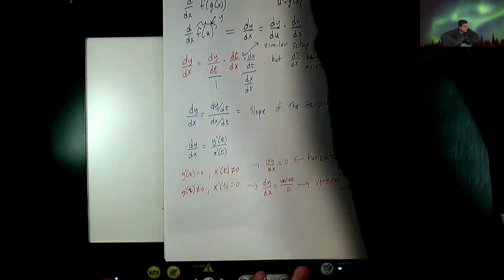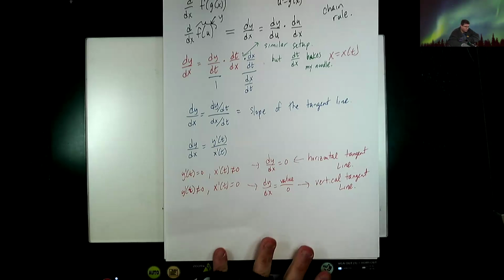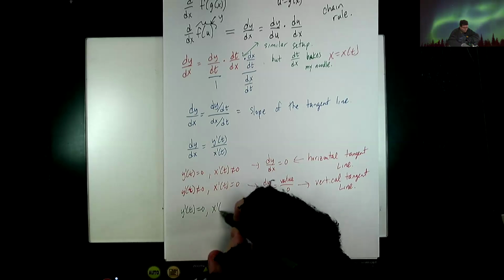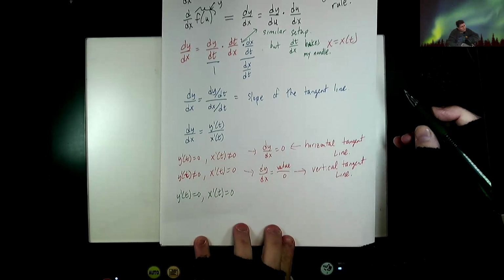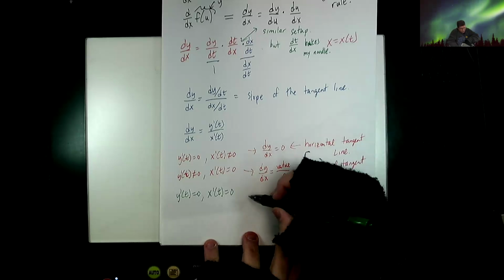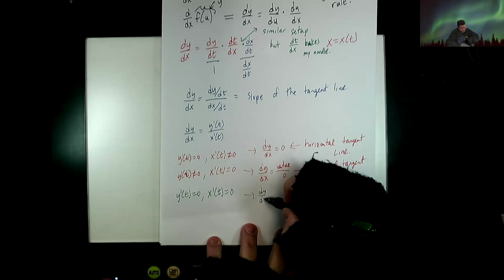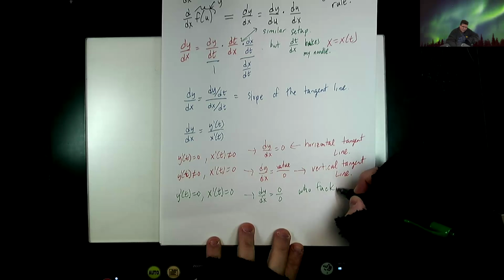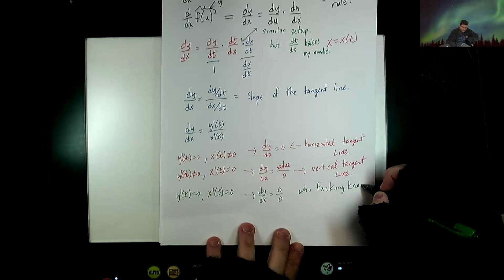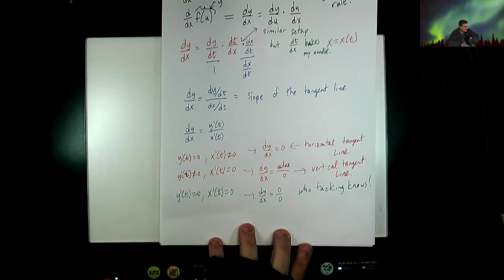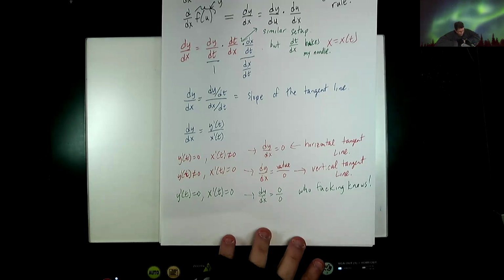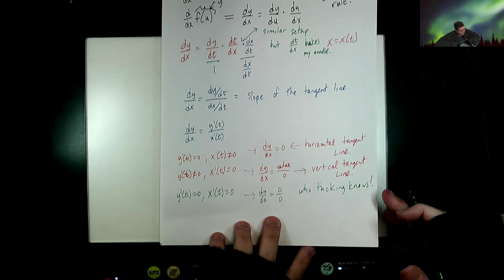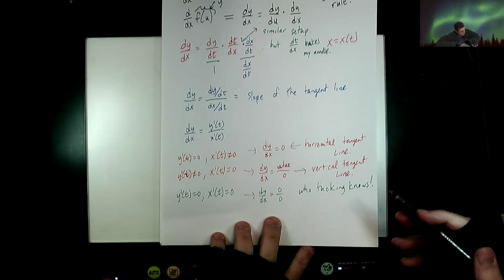And the fun one is if they're both 0. Well, then dy/dx is 0 over 0. And who knows what this looks like? Normally we would do something like L'Hopital to take it further and see what it looks like, but it may not even work.